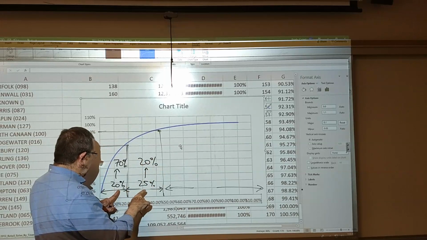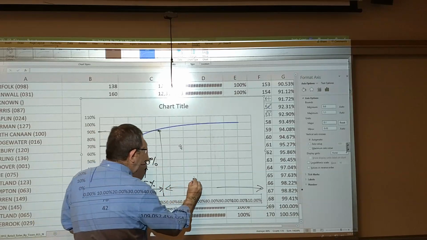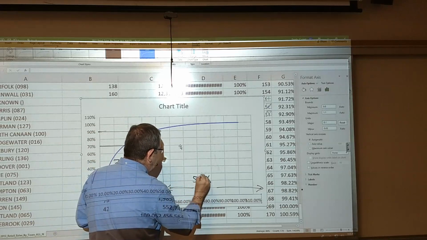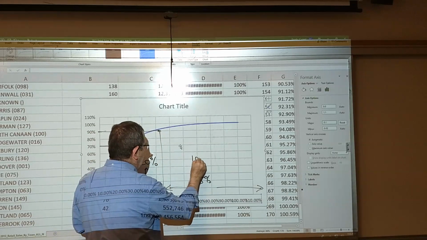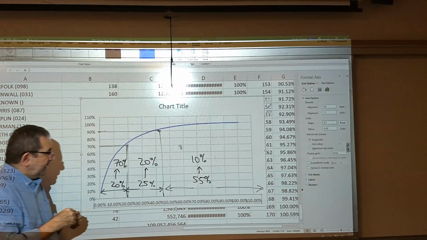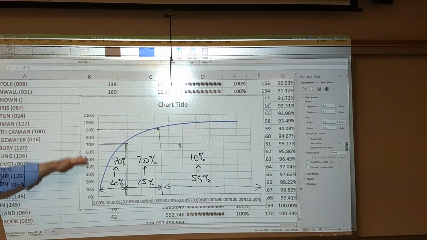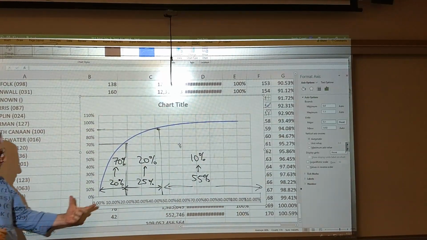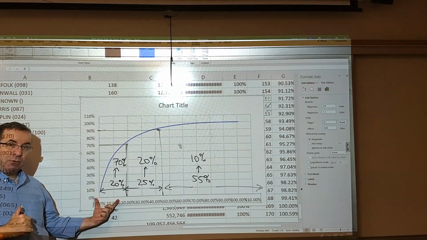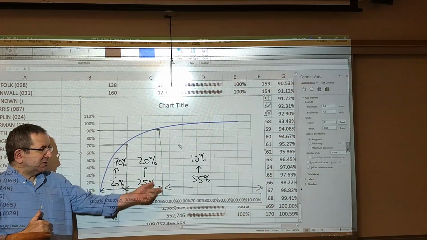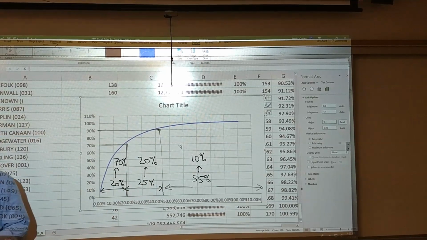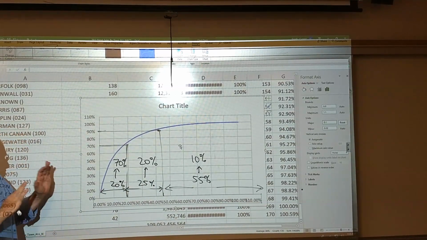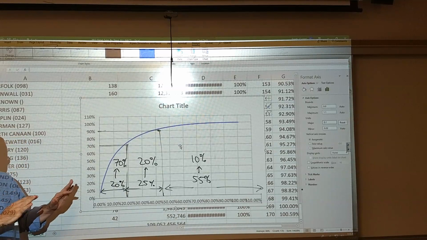And the remaining, this is going to be 55%, generate 10%, okay? So this is how you identify your most important A items, B items, and then C items, okay? So now, this is how you do ABC analysis.